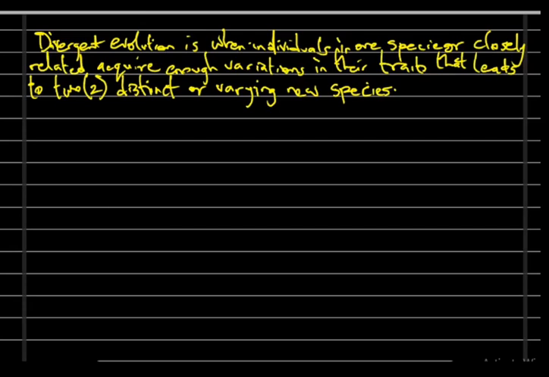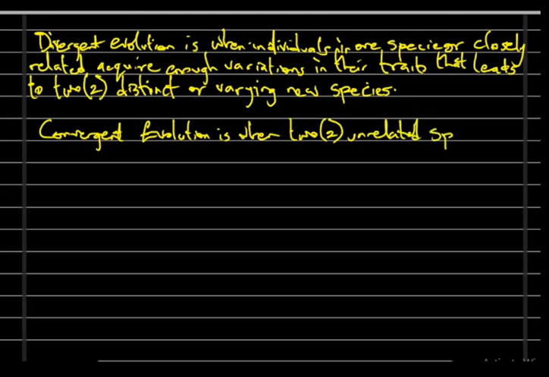And talking about the convergent evolution now. Convergent evolution, we have it to be the opposite of divergent evolution. So this is when two unrelated species, unlike the case of the divergent evolution, where we have related species giving rise to varying species when they are being crossed or something like that.